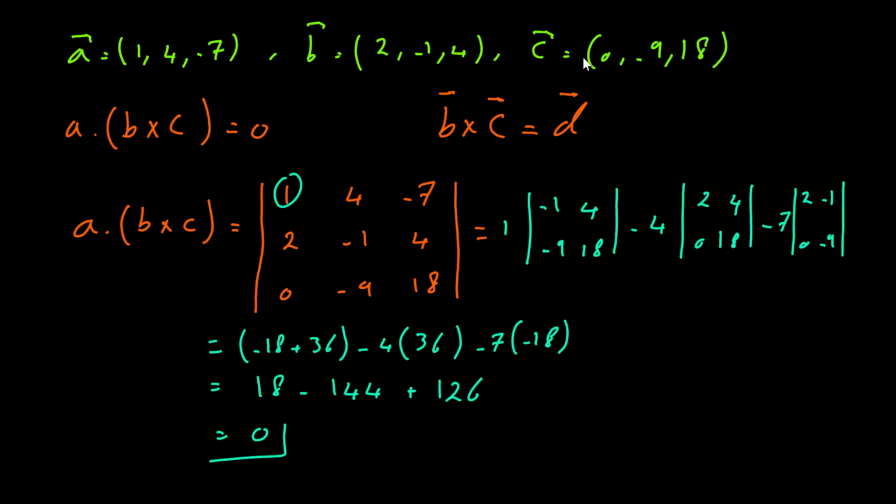The other use of this triple multiplication is to find the volume of the shape formed by these three vectors. When it is equal to 0, that means they're coplanar. All three of them lie in the same plane. But if it is not, that is going to give us the volume. We said that if we get the magnitude of B cross C, it gives us the area of the parallelogram formed by these two vectors.